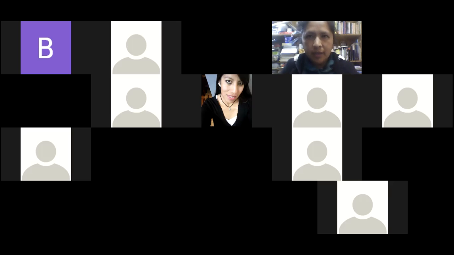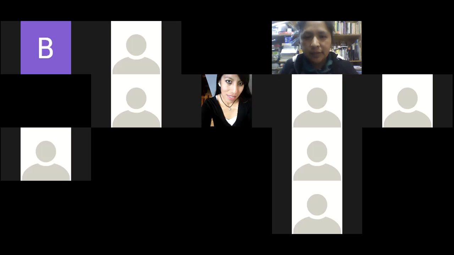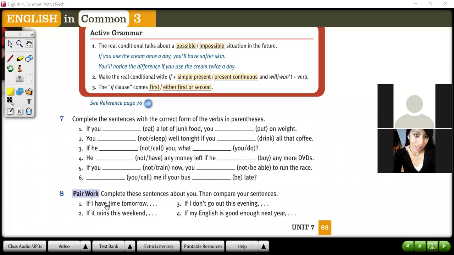Ok, ese tipo de actividad también vamos a hacer en el WhatsApp. Perdón, Lice, ¿sobre qué vamos a conversar en la llamada que vamos a tener con compañeros? Mañana, del ejercicio que acabo de mandar al WhatsApp, de esas cuatro preguntas. No son preguntas, son ejercicios que tienen que ustedes completar. If I have time tomorrow, if it rains this weekend, if I don't go out this evening, tienen que completar the result.